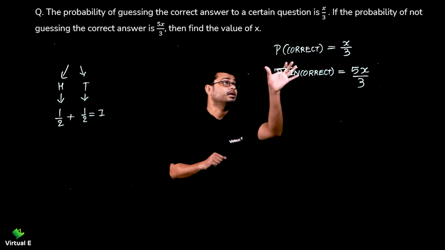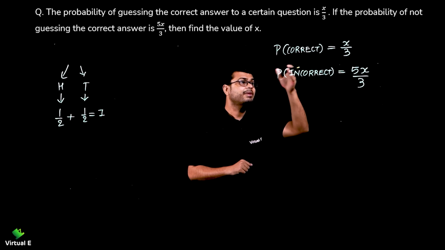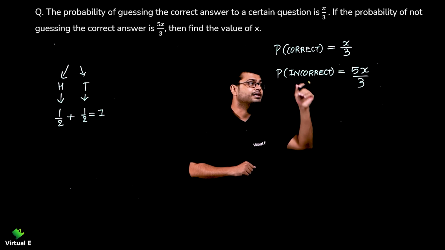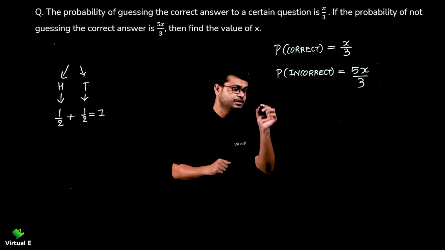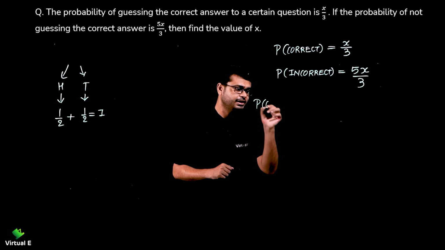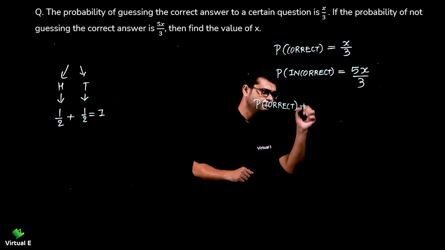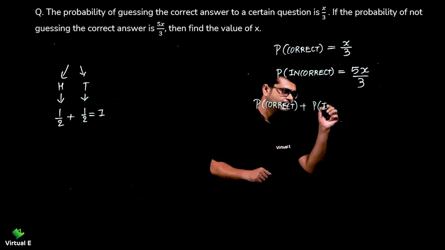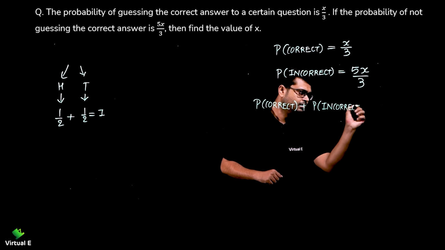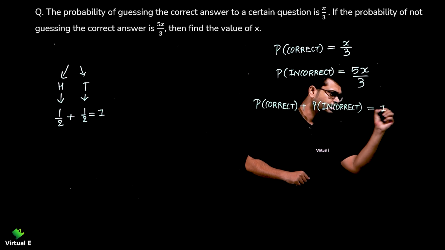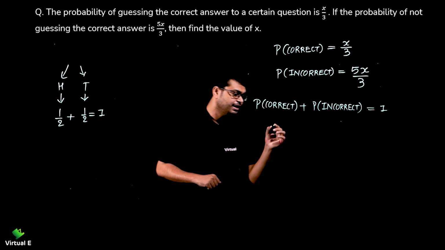Probability of getting the correct answer plus probability of getting the incorrect answer is equal to what? 1. So let's start with that. Probability of correct answer plus probability of incorrect answer is equal to 1. So this is an equation. Now let's substitute the values.